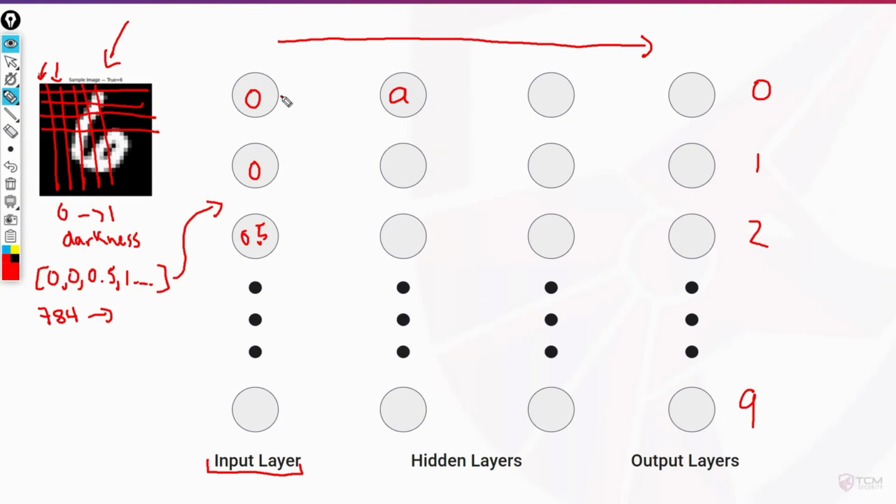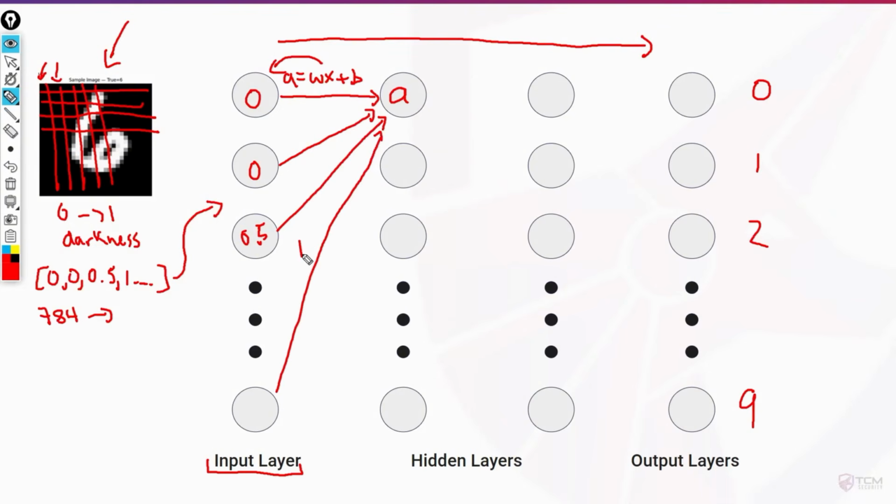If we take this one, for example, we would say that alpha equals the weight times x, and this is x here, plus or minus b. Then we do this for all of these. We'd have this connection and this connection and this one, and then we sum all of these. Again, each one of these is going to have its own separate weight that defines the strength of each of the neurons' connections.